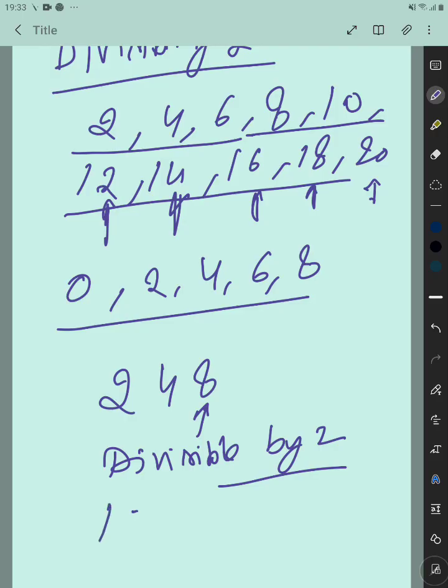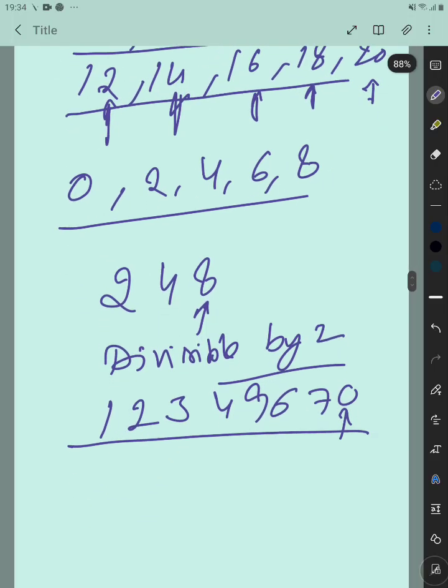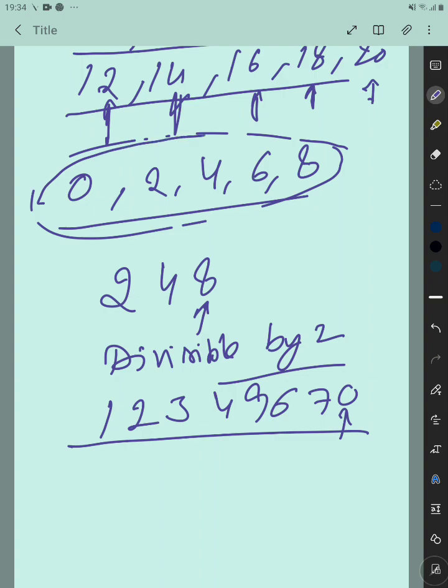Any number you take, like 1234967 0, is an even number and its unit digit is 0. Since the unit digit is 0, and we have already said that these are the 5 digits, if any of the 5 digits is at the unit place, then that number will be divisible by 2. So this is the definition of a number that is divisible by 2.